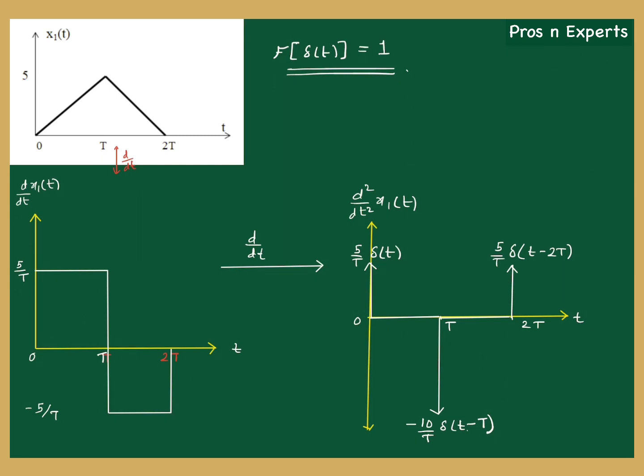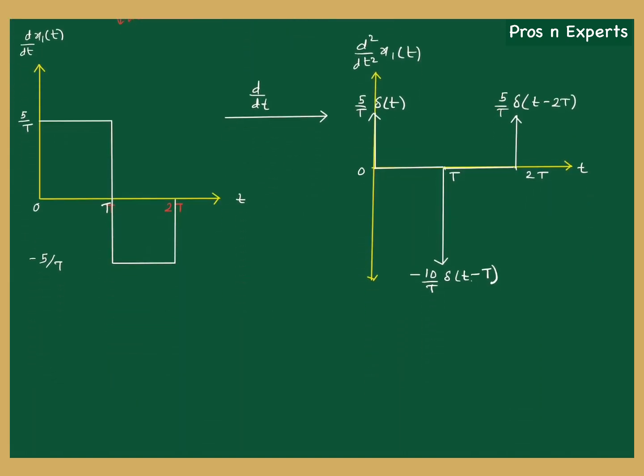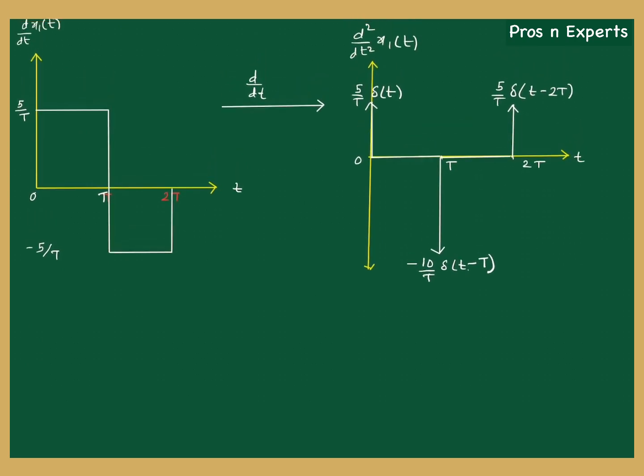Okay, so what is the Fourier transform of this signal? Okay, let's find out the Fourier transform. So d square by dt square of x of t will be having, or I can represent it as the signal is equal to g of t.